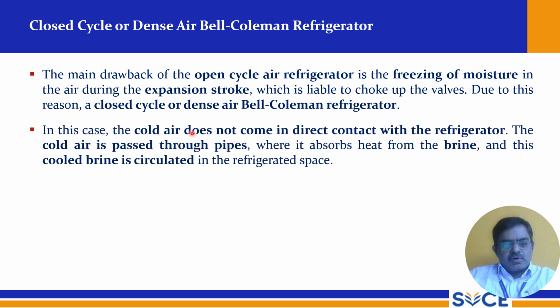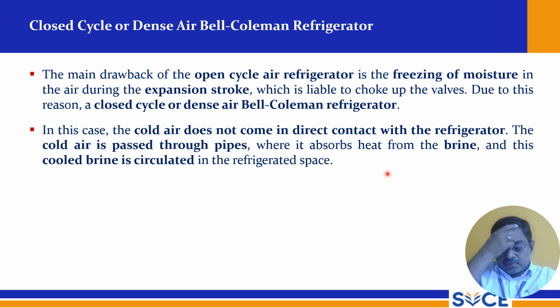In this case, the cold air does not come in direct contact with the refrigerated space, which is a very good advantage of the closed cycle. The cold air is passed through pipes where it absorbs heat from the brine, and this cooled brine is circulated in the refrigerated space.